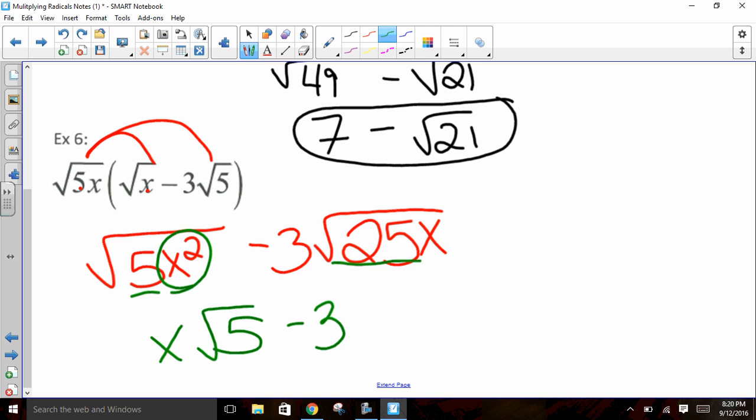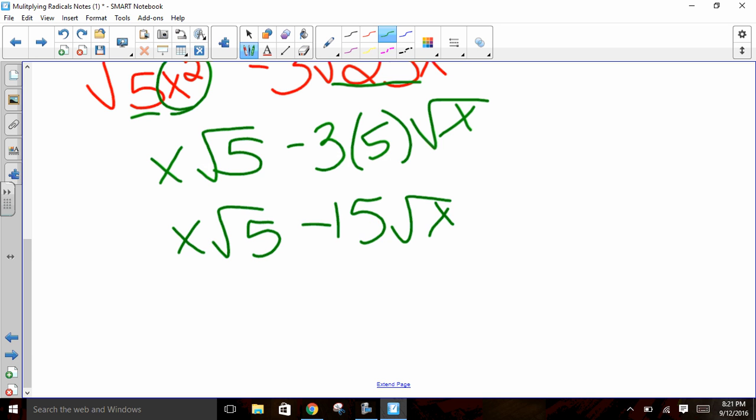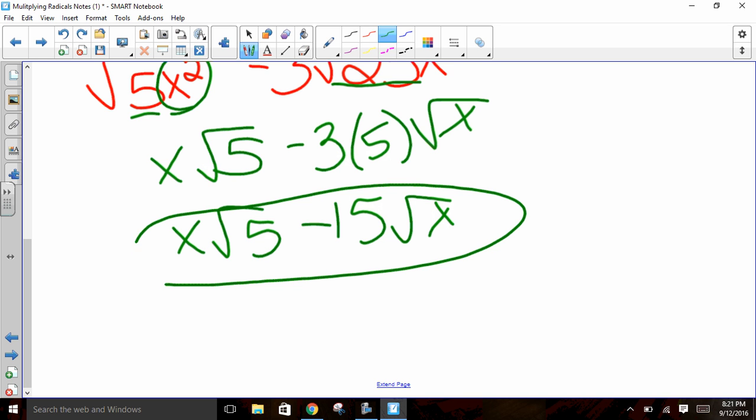I can take the square root of 25 and get 5, so my 5 is going to come out. I do not have enough x's, so my x has to stay under. 3 times 5 is 15. And I ask myself, do I have the same number under the radical sign? I do not. So that is my final answer.